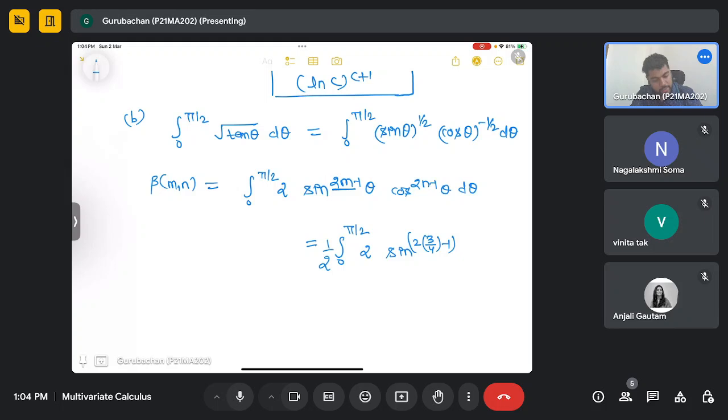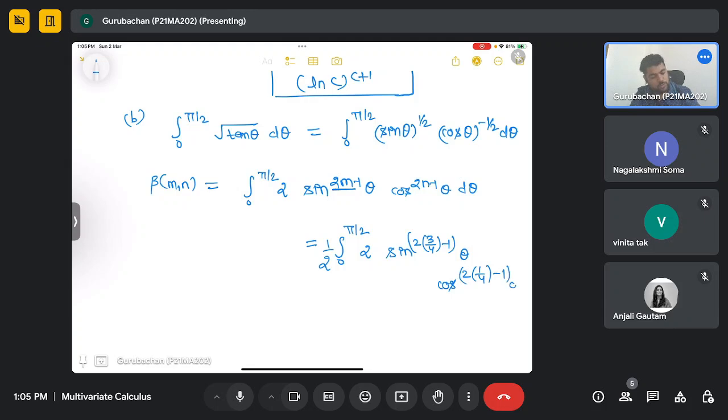In a similar way, here is theta, and cos of 2 times of 1 by 4 minus 1. Simply 1 by 4 will work out. 1 by 4 will give us 1 by 2, and minus 1 is minus half.